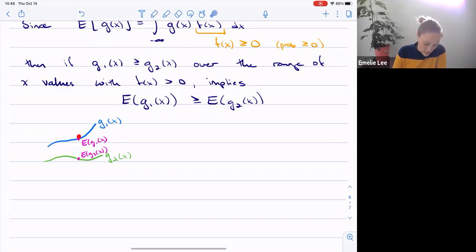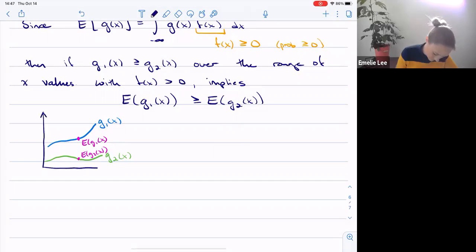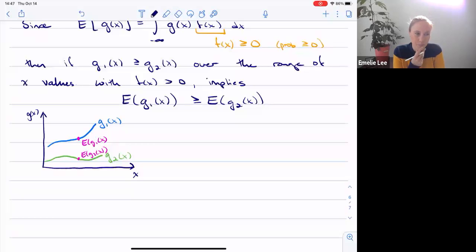So we can see that this value is larger than this value, right? And that's because the function is just hanging out a little bit higher.